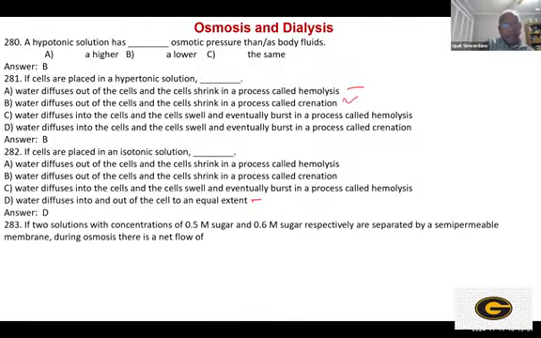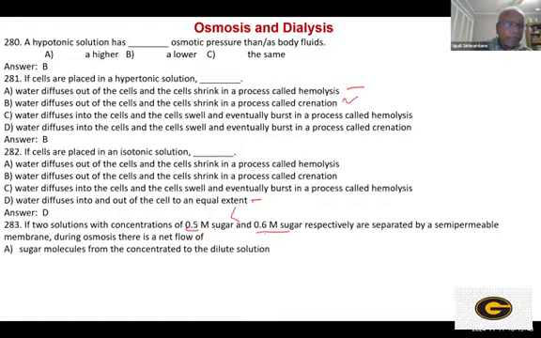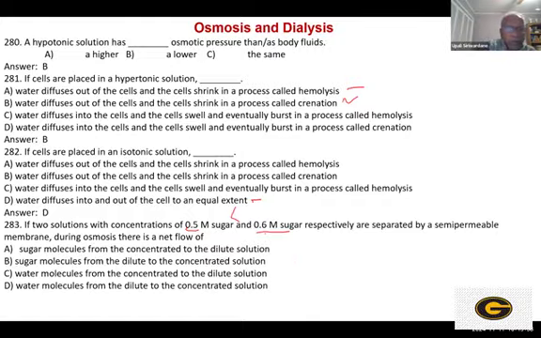If two solution concentrations are such that the first one is low, so this is higher, during osmosis the net flow is water from the dilute solution to the concentrated solution. D is the correct answer.